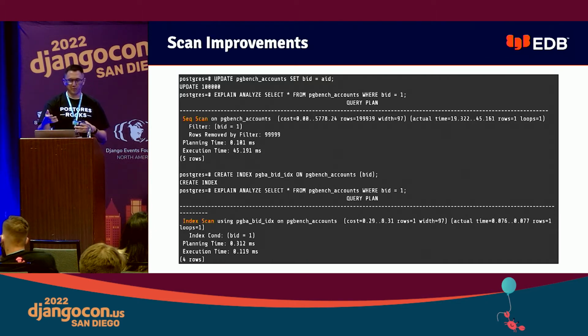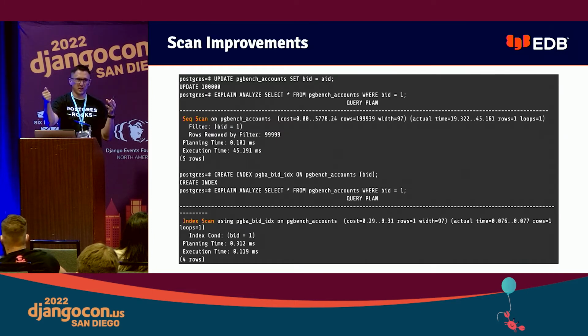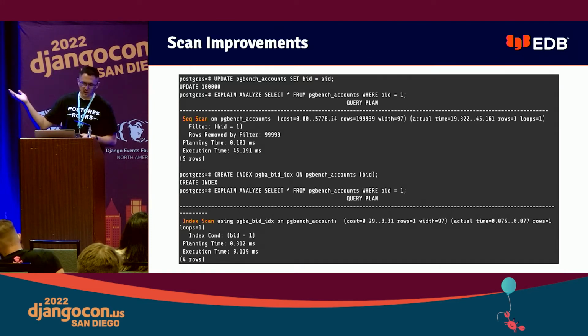The reason for that is because all I need to do is find the one spot on the index, find out the address, and then do a random fetch off the disk to get that one row. That's so much faster than scanning the entire table. As you can see, the execution times dropped from 45 milliseconds to less than 0.2 milliseconds.